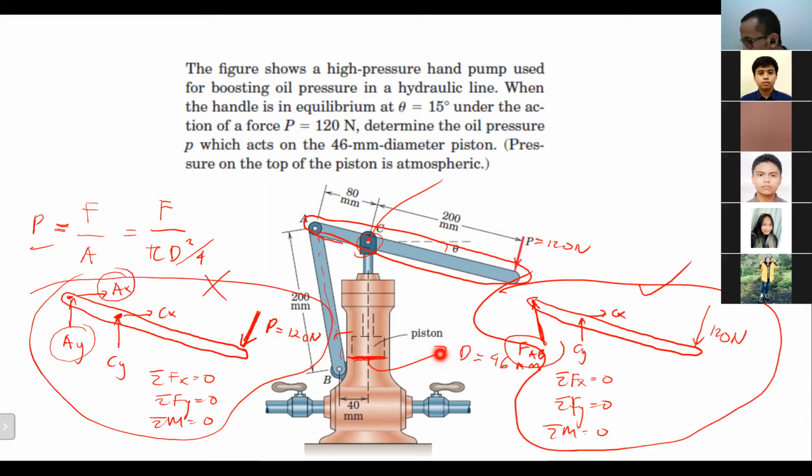FAB is only 1 unknown because the direction of the force is known based on the direction of this particular link, the AB link here. So this is the line of action of FAB.